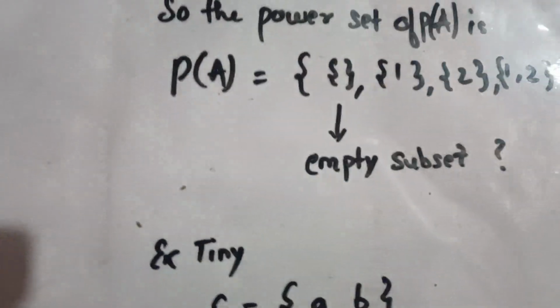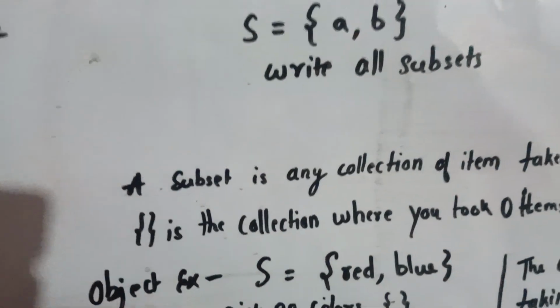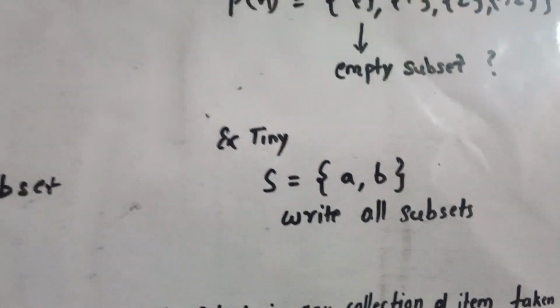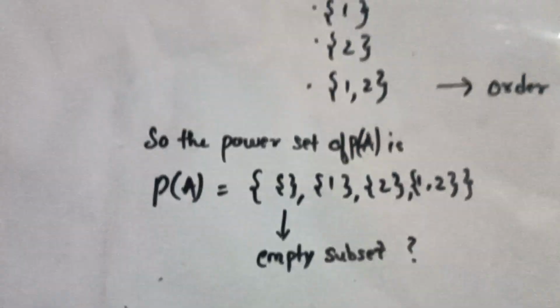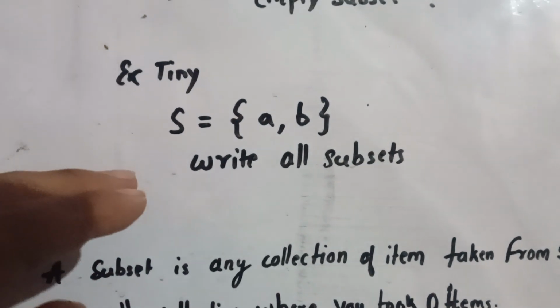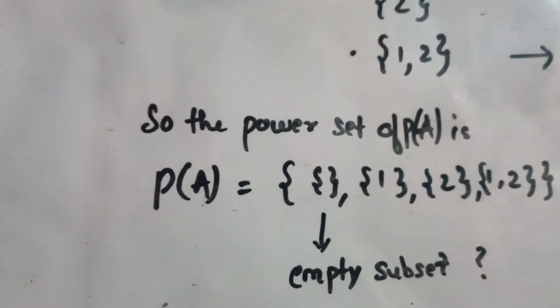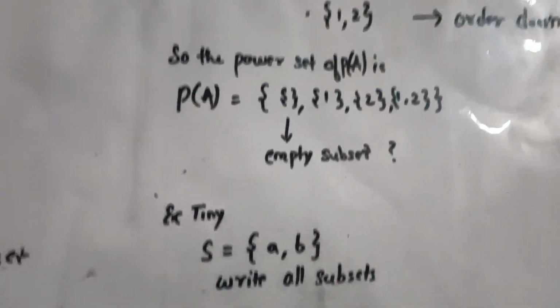So yeah, they both are the same, 2, 1 and 1, 2. And here's a tiny example for you to try. Make it the same as the example over here with letters. Write all subsets of A and B, just like this. So I can do it right now.